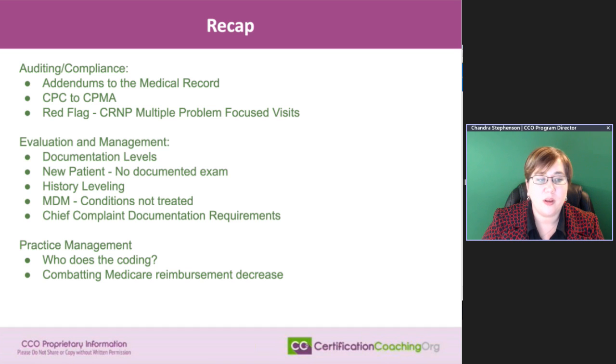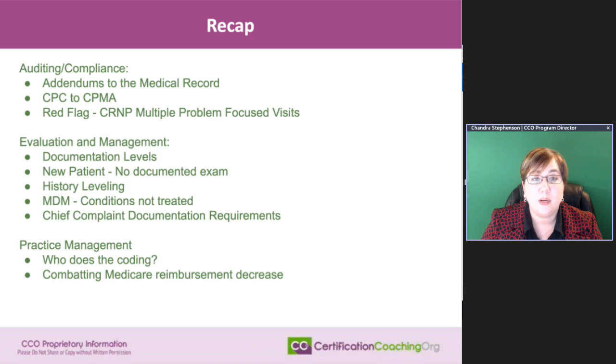We started out with our auditing and compliance topics, and we focused mainly on addendums to the medical record, making the jump from the CPC to the CPMA, the auditing credential, and we even talked a little about the compliance credential in there. We talked about whether or not multiple low-level visits by the same provider in a month would trigger a red flag or not to certain payers, specifically Medicare.